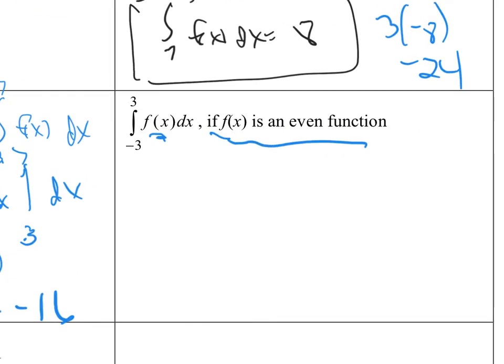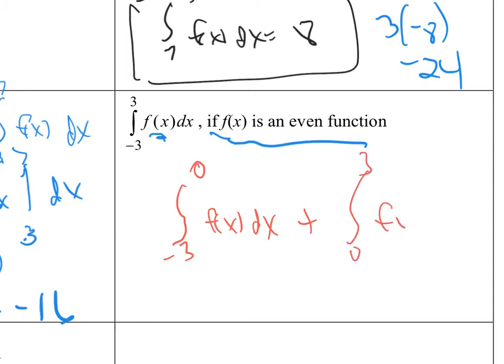So here's what I'm going to do here. I could break that up into 2 integrals: from negative 3 to 0 of f of x dx, added to 0 to 3 of f of x dx. And that meant they both have the same areas.